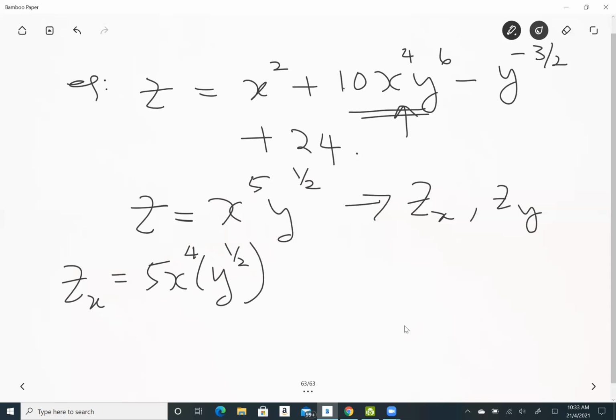Anybody who gets a different derivative than this one? Quickly. Anybody who gets a different one? Everybody got the same, is it? So is this correct or is this not right? 5x to the power of 4. Okay, so another derivative will be just 5x to the power of 4.